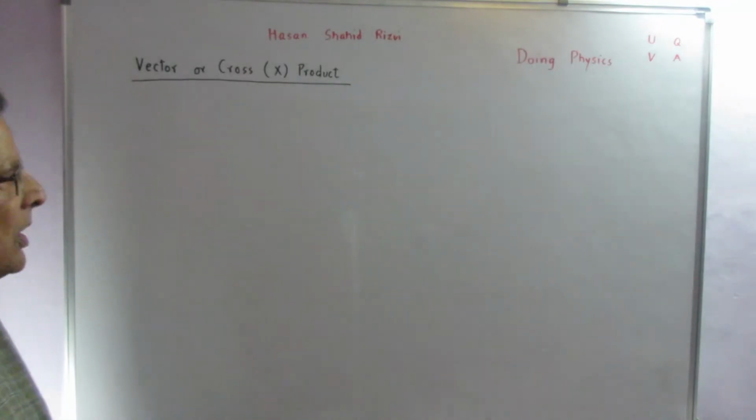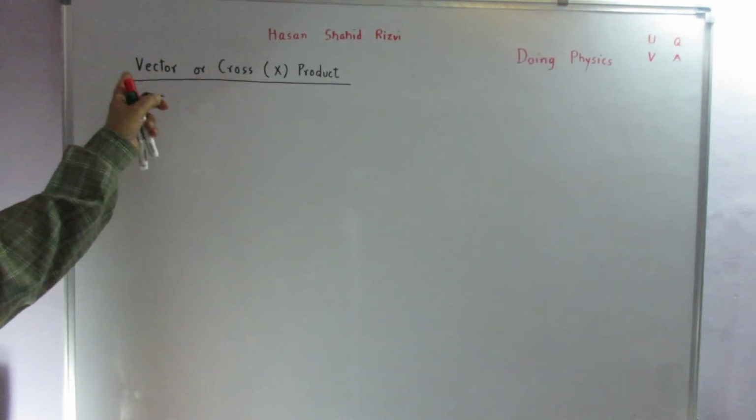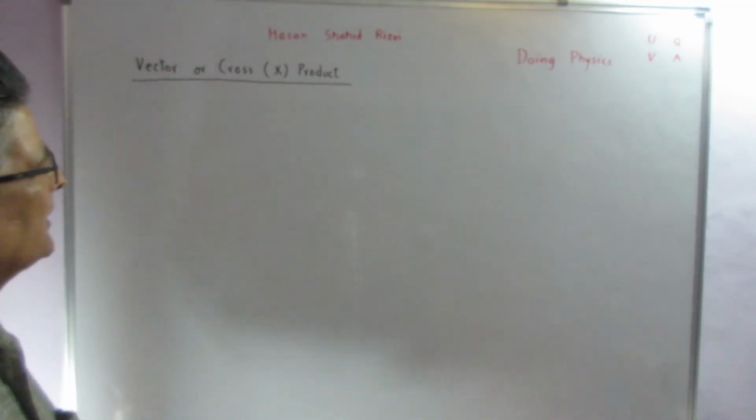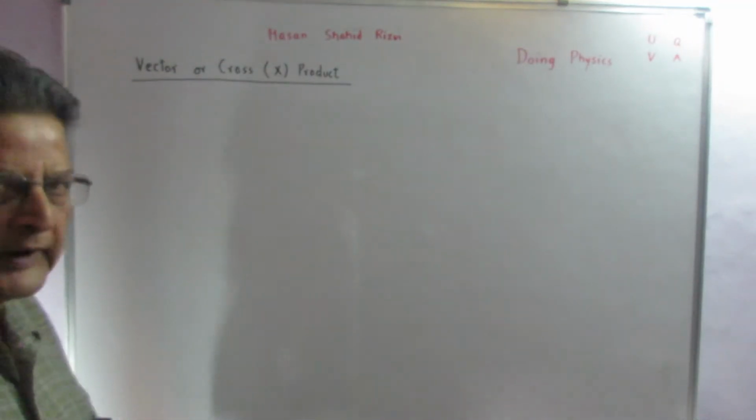Okay, now I am going to introduce the third kind of multiplication that goes with vectors, and this is very interesting, not like in the case of the other product.